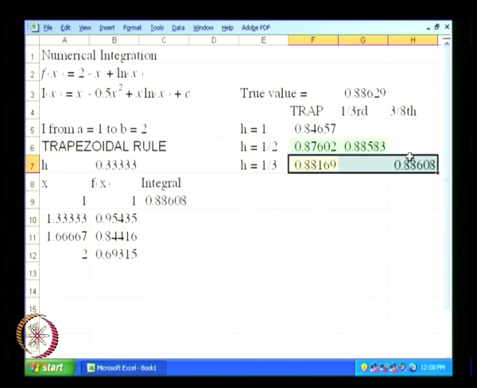And then we can take 3 applications of the trapezoidal rule and compare it with the 3/8 rule, and 1 application of the 3/8 rule is more accurate than 3 applications of the trapezoidal rule, and 1 application of the 3/8 rule is also more accurate than the 1/3 rule. Okay. So, essentially that is what I wanted to cover with respect to numerical integration using what is known as the Newton-Cotes integration formulae.